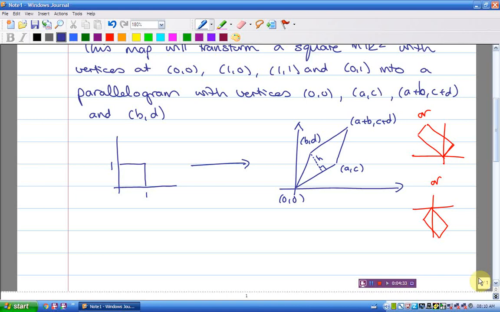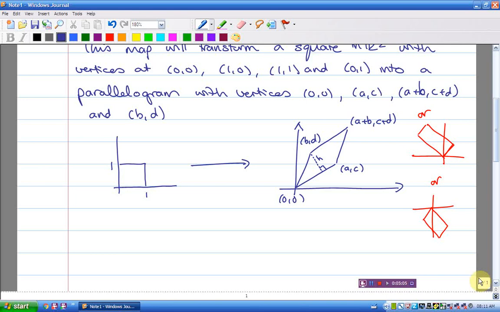Question: will it always give a parallelogram? Yes, it will. The reason, and I haven't proven this but I can prove it, is that linear transformations maintain the parallel property. Remember, if you take a line and transform it under a linear transformation, you get a new line. You don't know ahead of time which line, but you know it's going to be a line.